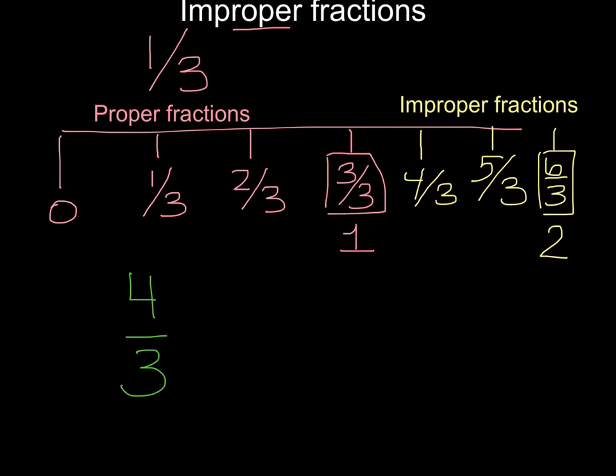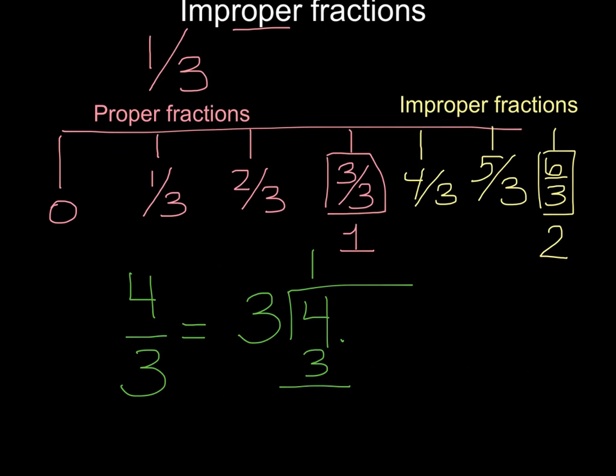The other way to create a mixed number out of an improper fraction is to go ahead and divide the denominator into the numerator. Let's not add the friends because we're going to turn it into a decimal and I don't want that to happen. So 3 goes into 4 one time.